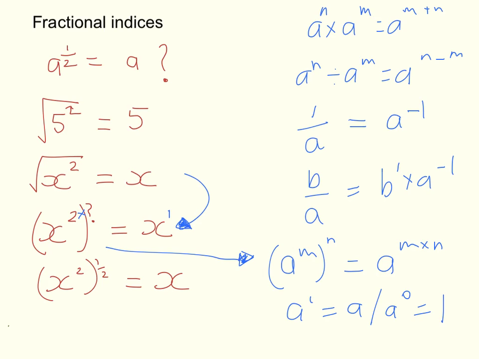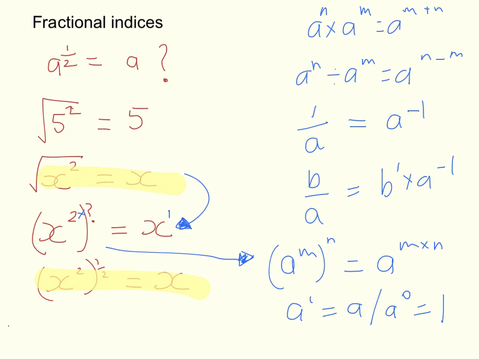Now, if we look at these two expressions, what I think we'll see is that they actually point to the same sort of idea, that if I've got x squared being square rooted, I get x, or x squared all to the half, I get x.